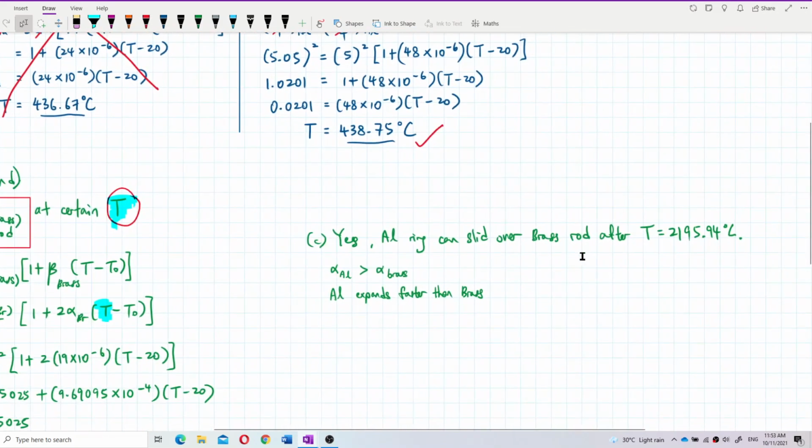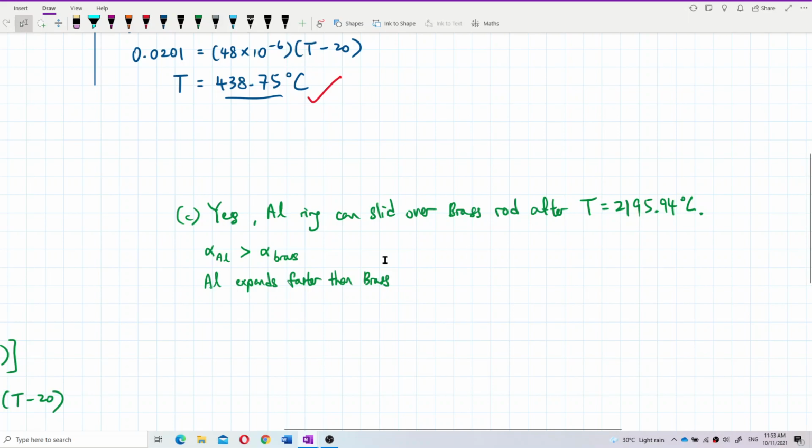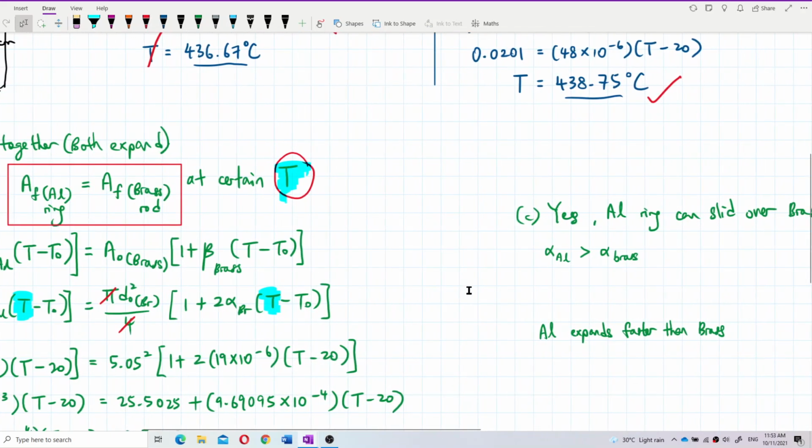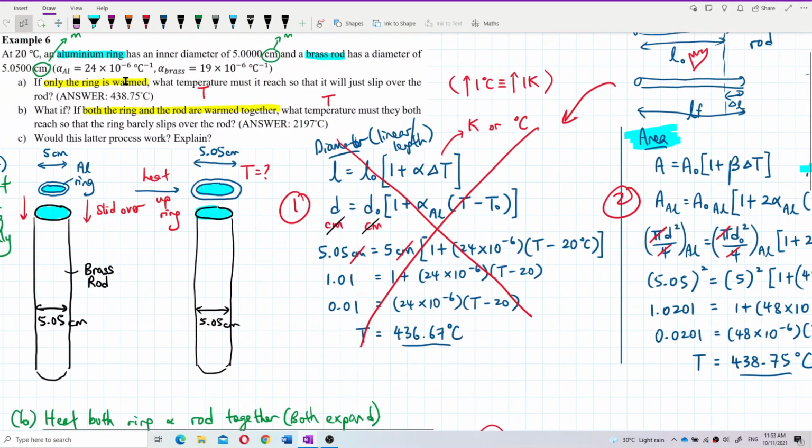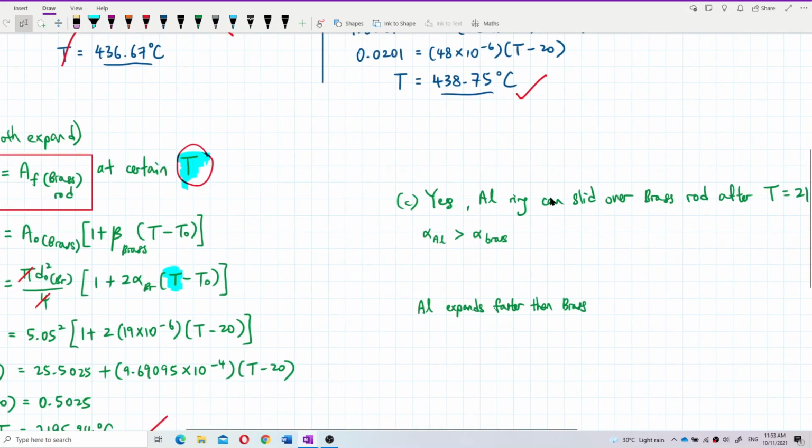Explain: why can it slide over after this temperature? Because the alpha value of the aluminium is bigger than brass. You must also write the values of alpha, 24 and 19. Aluminium is 24 exponent negative 6 per degree Celsius, but the brass is only 19 exponent negative 6 per degree Celsius.